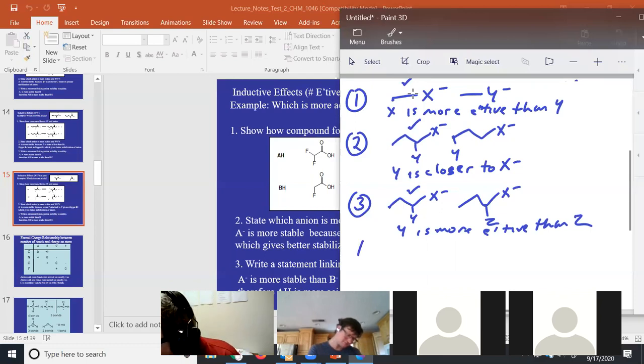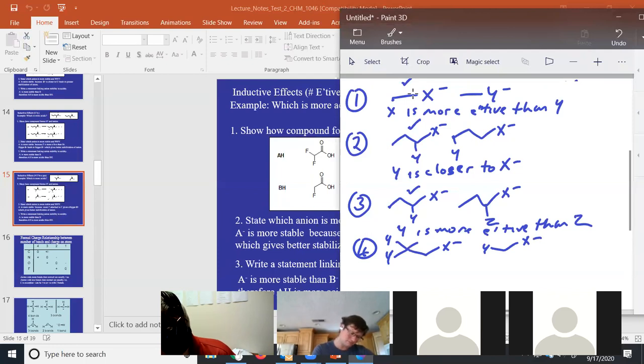And the fourth one here, I'll just add another Y for kicks up here. Okay, more Y, and that one would be the more stable anion.